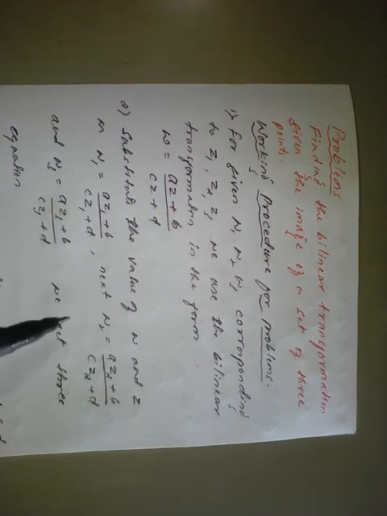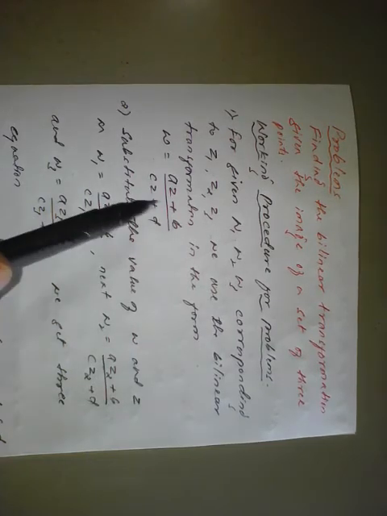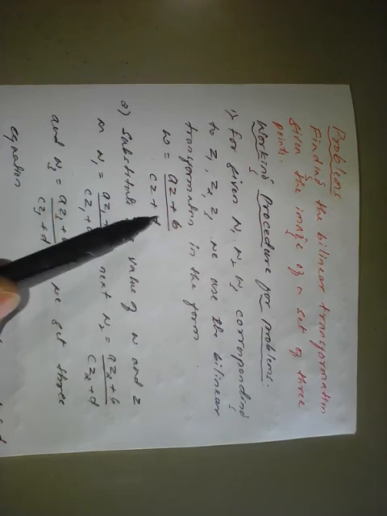We simplify these and get three equations. On solving these three equations we get the complex constants a, b, c, d, all four values, and we substitute them here. Once you substitute, we get the answer in terms of w = f(z). That transformation is nothing but the bilinear transformation.